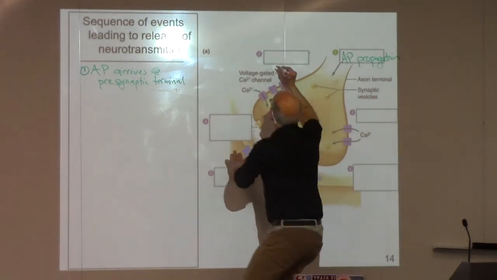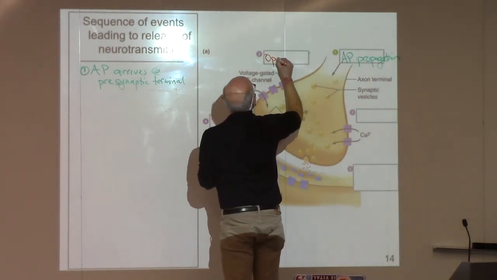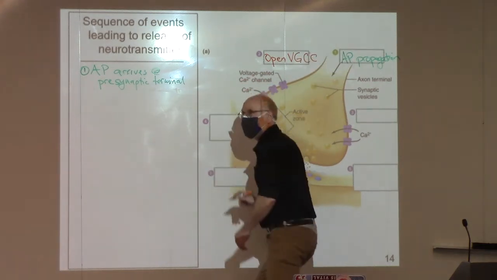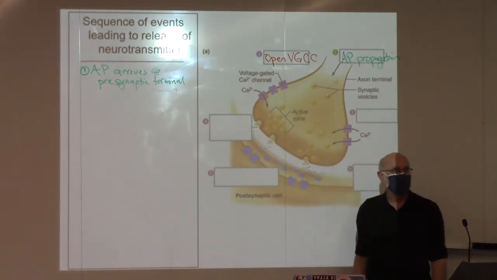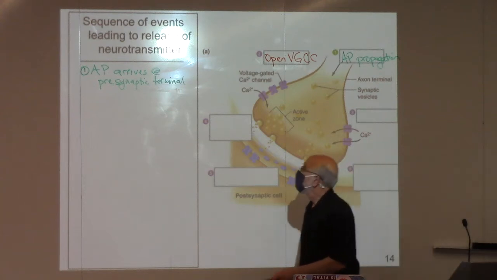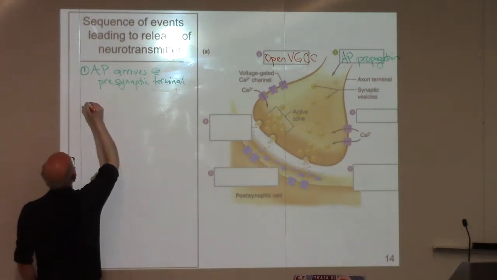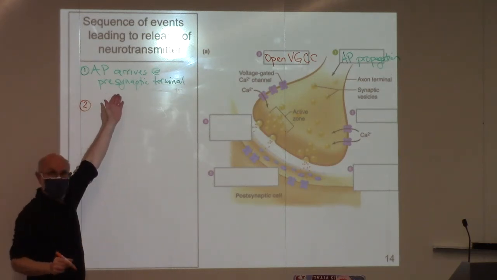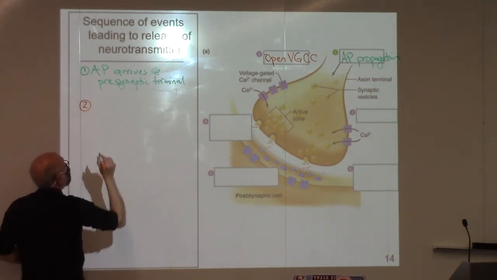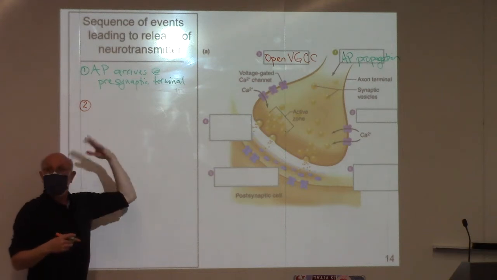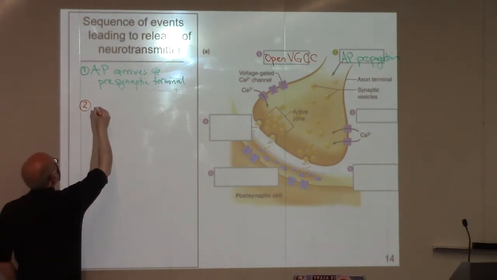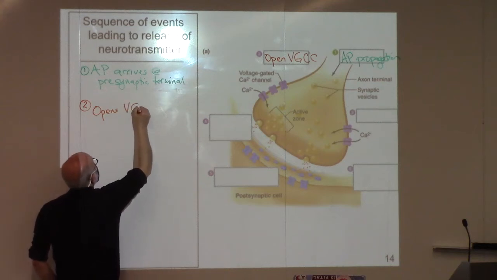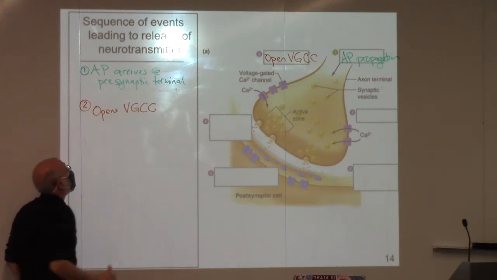So we open voltage-gated calcium channels. I'm just going to use that abbreviation. So step 2 is the depolarization of the action potential caused by sodium channels opens voltage-gated calcium channels.